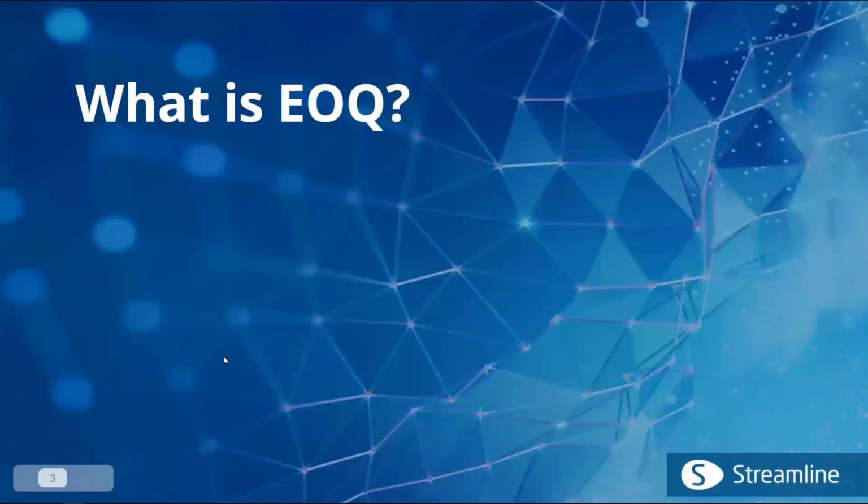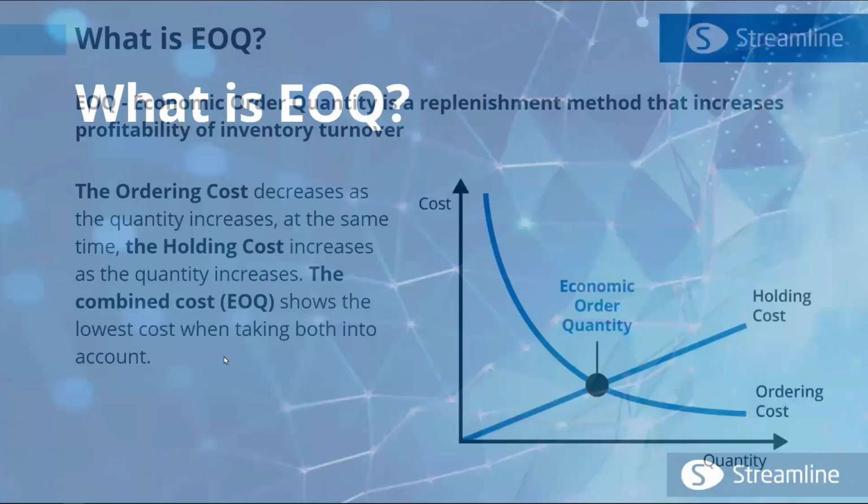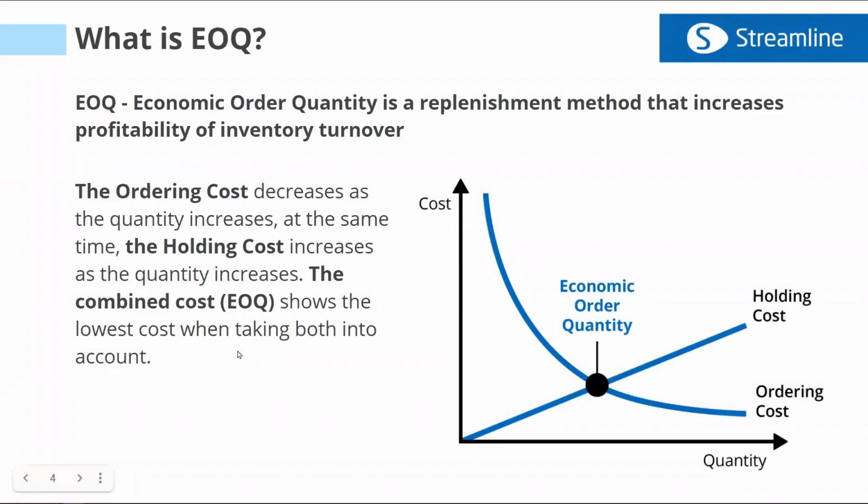So the first topic is: what is economic order quantity? I think everyone is familiar, but just to remind you of the definition, economic order quantity is a replenishment method that decreases total costs, holding and ordering costs.